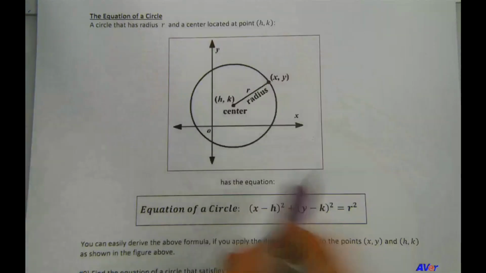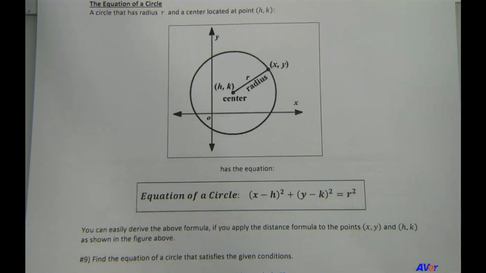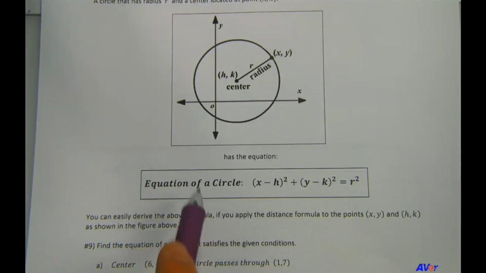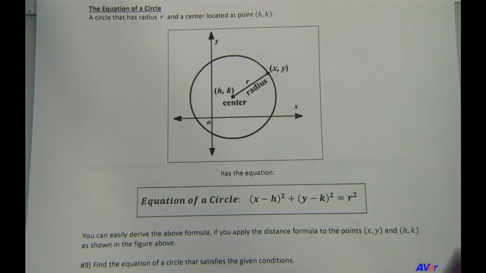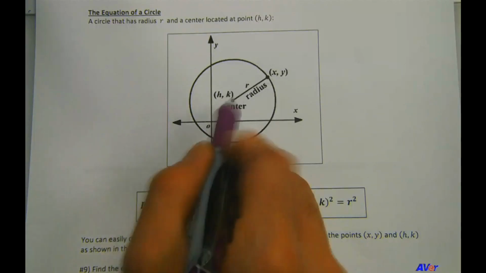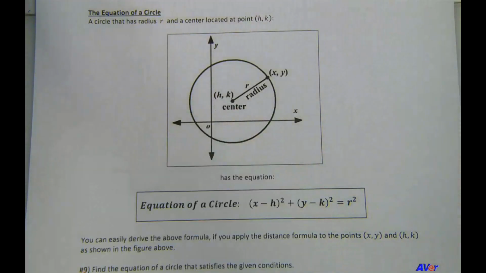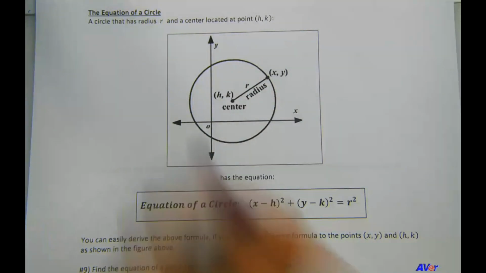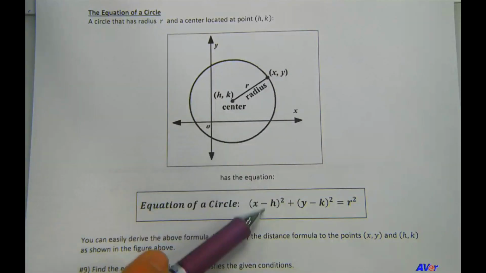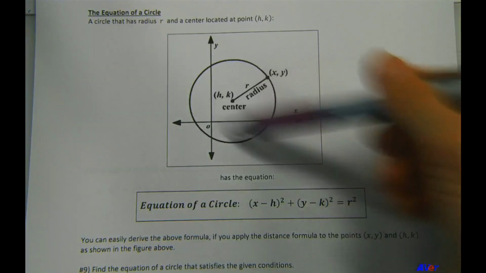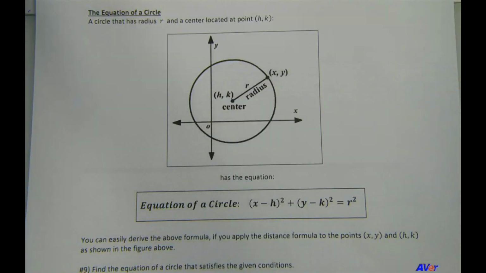So the equation of a circle, usually, in most books that I've seen, when they want to give you the general equation of a circle, as you can see it here, the way they label the terms, they usually label the center as H comma K. If you don't, as long as you understand how this graph relates to this equation or formula, as long as you can visually connect this graph or circle to this equation, that's what I expect you to be able to do.